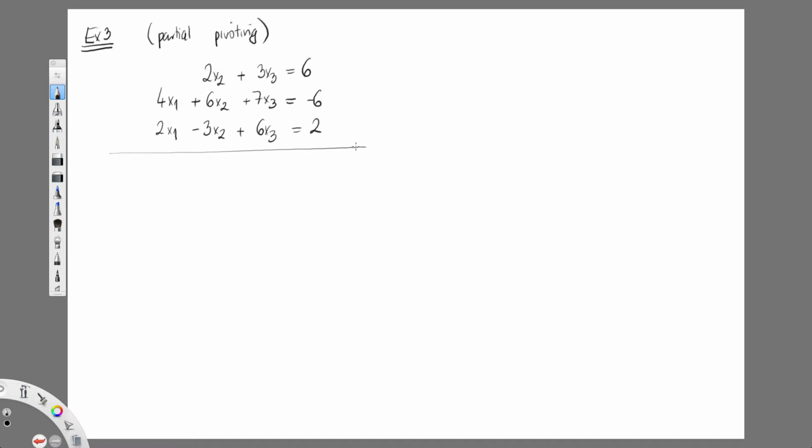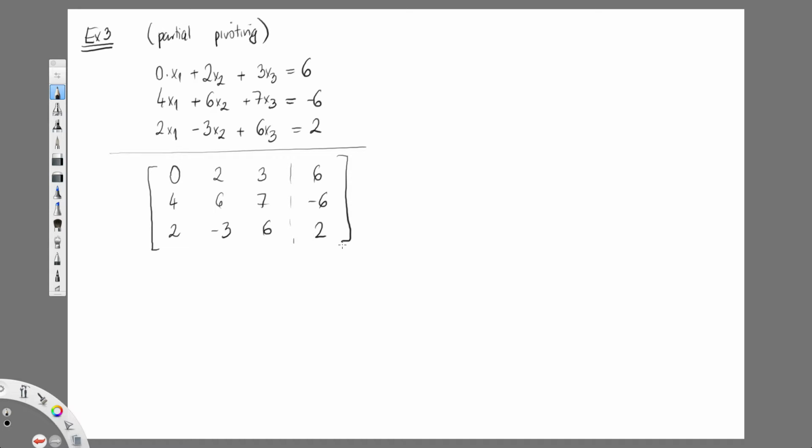So what is the augmented matrix that corresponds to this system? Zero, right? So you have actually a 0 times x1 here. So there's 0, 2, 3, 6. Then my second row is 4, 6, 7, and minus 6, correct? And the third one, 2, minus 3, 6, and 2.